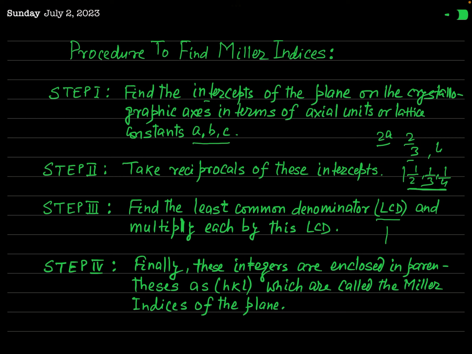So in this case, you multiply 1 by 2 by 6, because 6 is the LCD, and that will be equal to 3. Then you multiply 1 by 3 by this 6, and that will be equal to 2. And after that, you multiply this 1 by 4 by this 6.